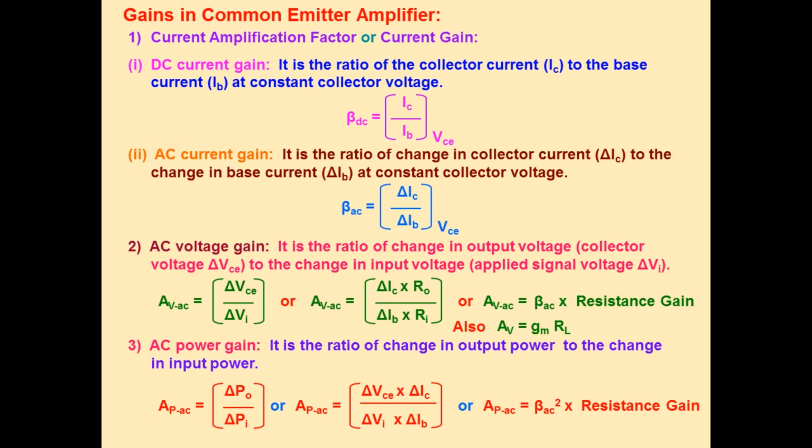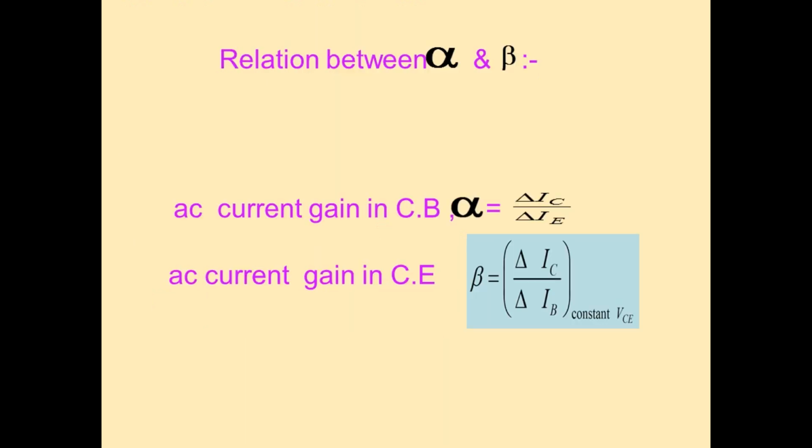Yeah, in CB mode, common base configuration, the current gain is denoted by alpha. In common emitter configuration mode, current gain is denoted by beta.